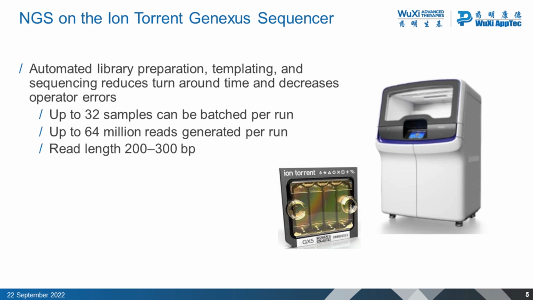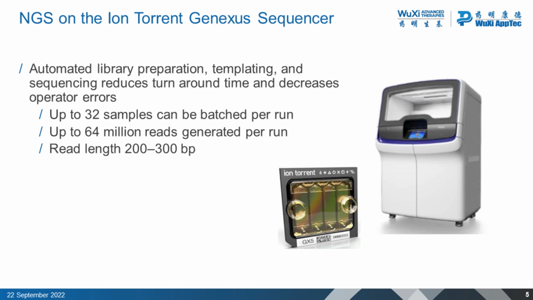Because it is totally automated, it reduces the turnaround time and decreases operator errors. The instrument allows us to run 32 samples at once in a batch run. The total reads that are generated per run are 64 million, and the read length is 200 to 300 base pairs.